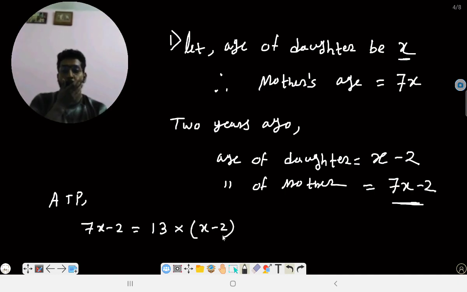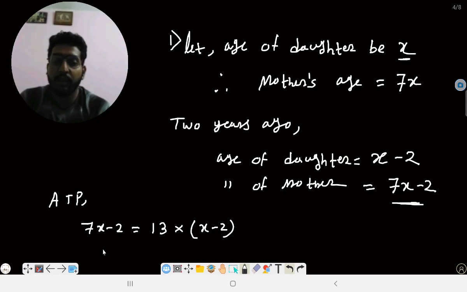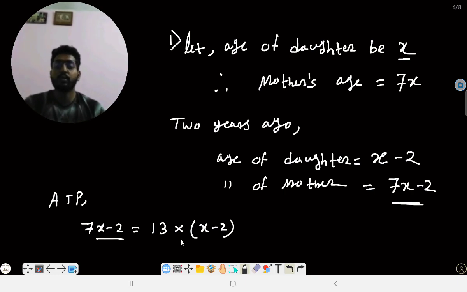That means 7x minus 2 equals 13 into x minus 2. Now this is a linear equation we have to solve, and from this you have to find the value of x. So if I solve this one, multiplying 13, what will we get? 13x minus 26.